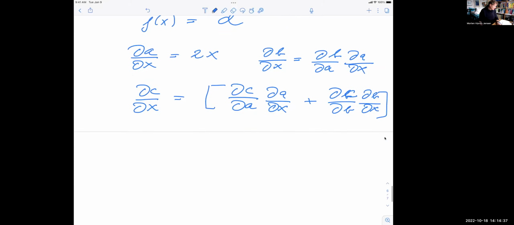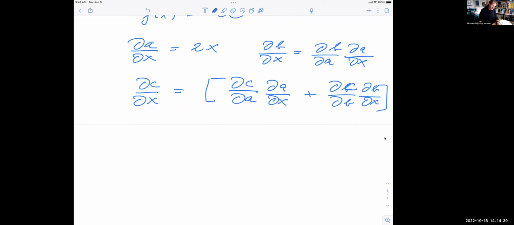If you look at this term here, dB/dx, this is something which we can rewrite in terms of the previous term. So we can rewrite it in terms of dB/dA times dA/dx. So that's that term.